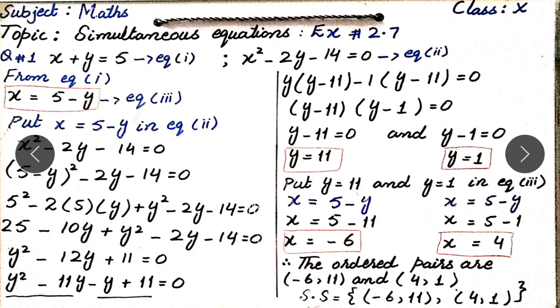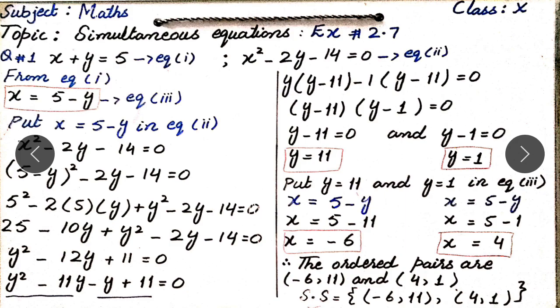Because in some questions you will find that one equation is linear, whereas the other is quadratic. Moreover, in other questions, you will see that both equations are quadratic. So you have to be thoughtful there about how to proceed, and it depends on practice.